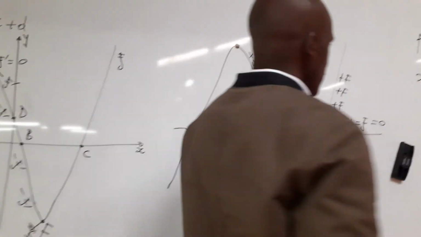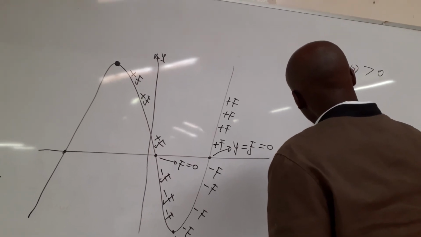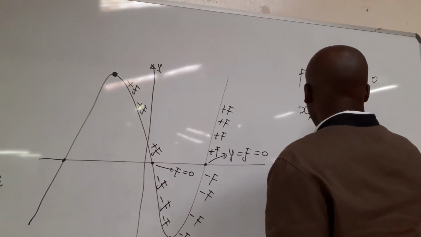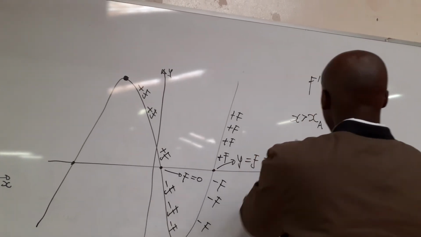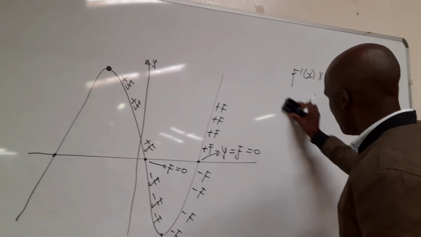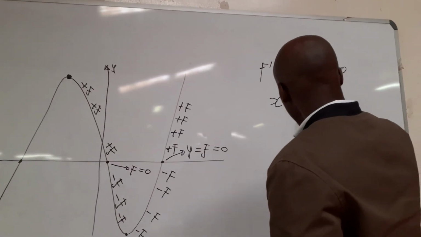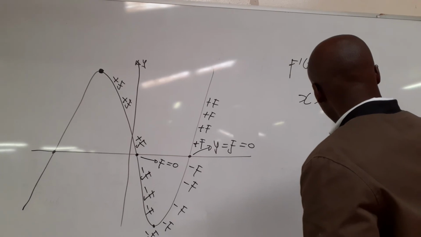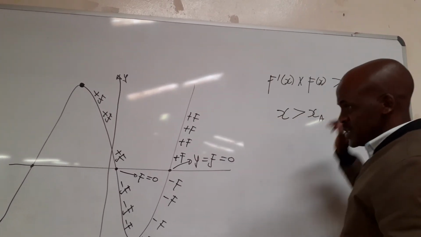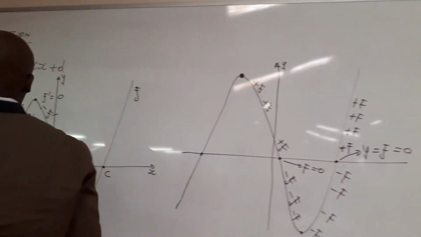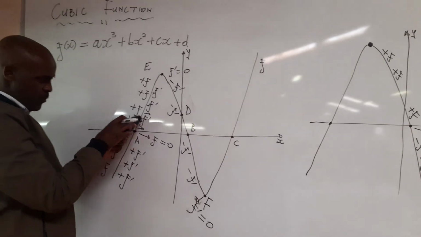So x must be greater than x at A. You will find a positive answer if you are multiplying the gradient times your y.